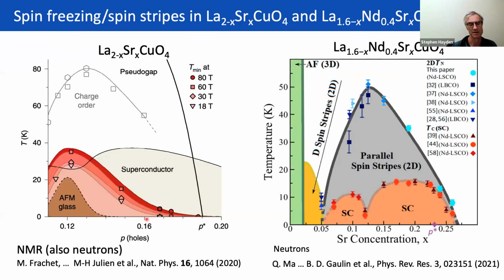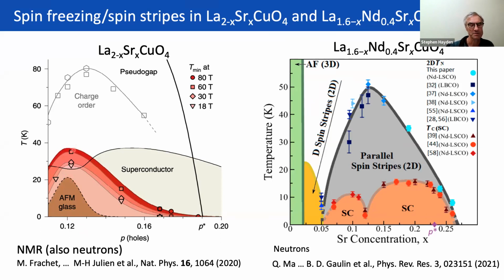This is spin freezing, or spin glass, as he calls it. And you can see that there's something going on centered around 1/8 or 0.12, where you get incommensurate structures when you measure it with neutrons, and you can see the freezing occurring when he measures it with NMR. So you can see things slowing down.